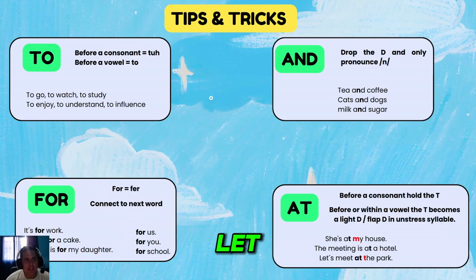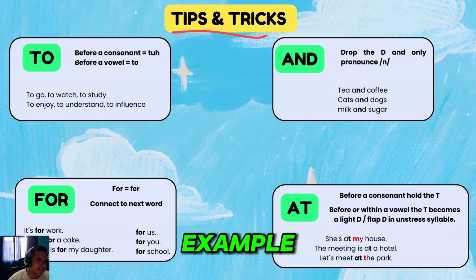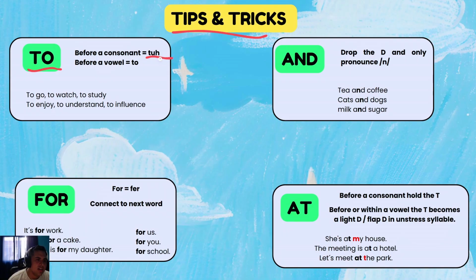So, let me give you a few tips and tricks on how to pronounce some function words and how we can reduce them into a schwa. For example, the word "to" before a consonant can sound like "ta," but before a vowel, it's fully pronounced "tu": to go, to watch, to study.